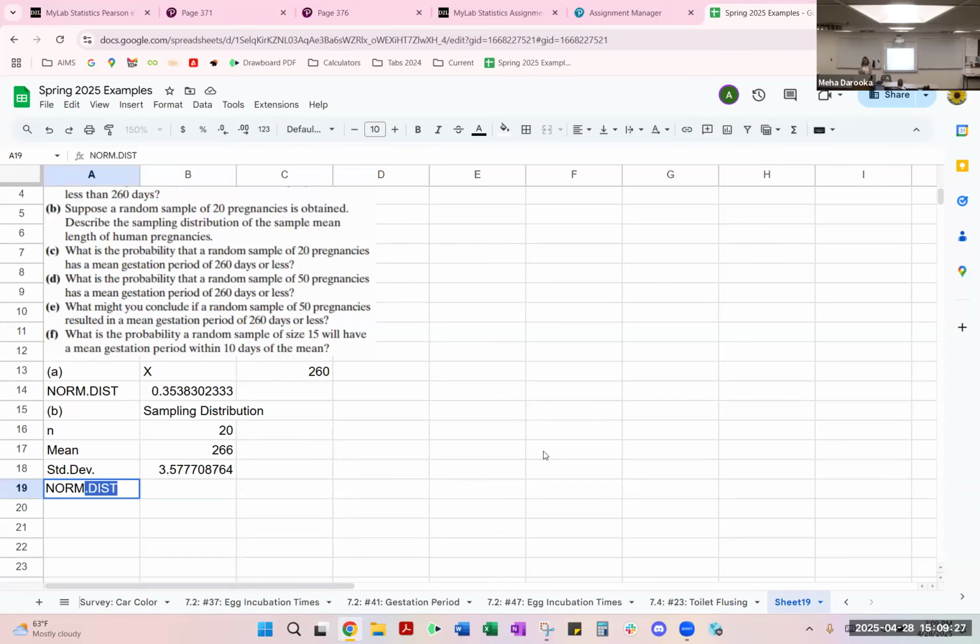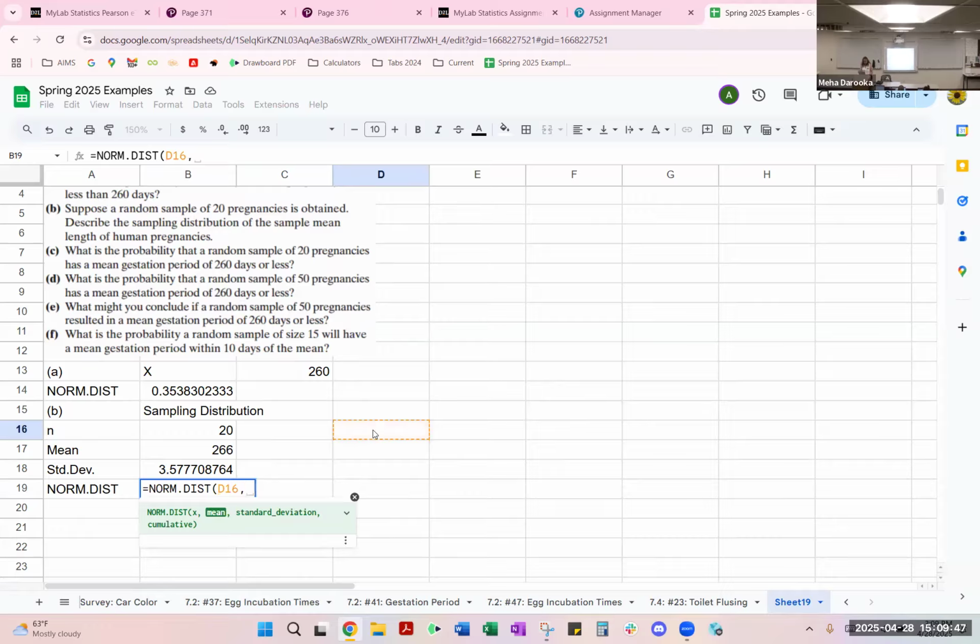We will use the norm dot distribution function for this. In this case, our X value is still 260 because they're still saying 260 or less. Remember, the mean and standard deviation will be the new ones that we calculated.